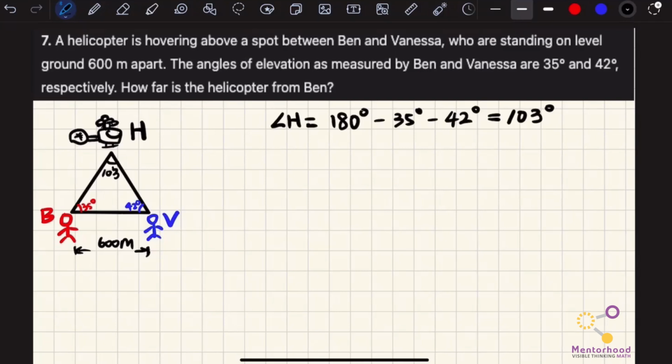That means the side over the sine of its opposite angle should be constant for all sides. So for this case, BV, the distance here, over the angle opposite to it, which is facing here, that's 103. Over sine 103 degrees.